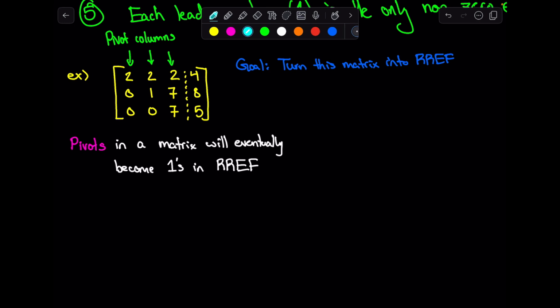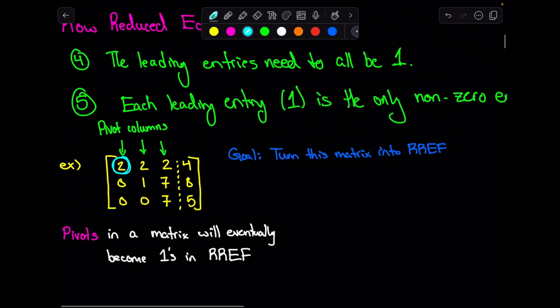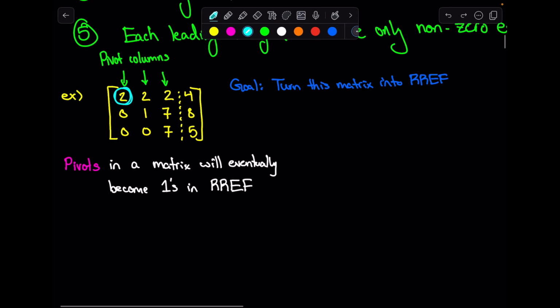So the first thing that I know is that since this is my first pivot, I'm going to put a circle around it. And I know that for row reduced echelon form, that needs to be a 1. So the very first thing I'm going to do is ask myself, what operation do I need to do to this matrix in order to turn that into a 1? And before we even do that, we have to think about, what are the row operations?